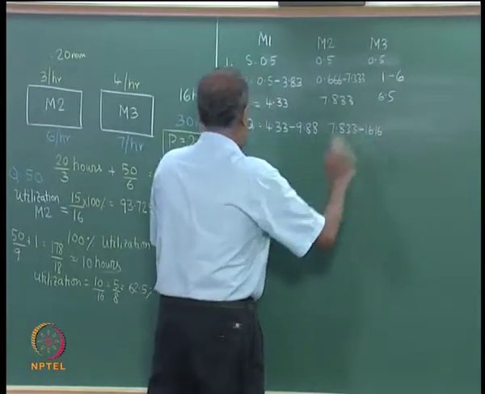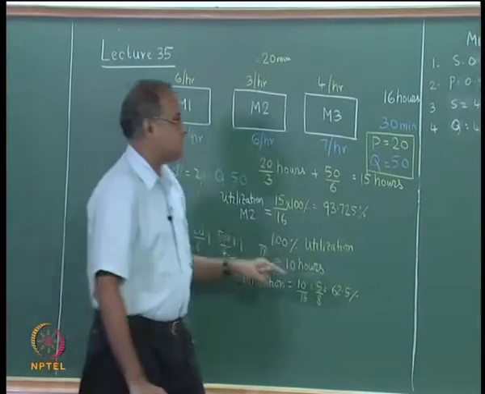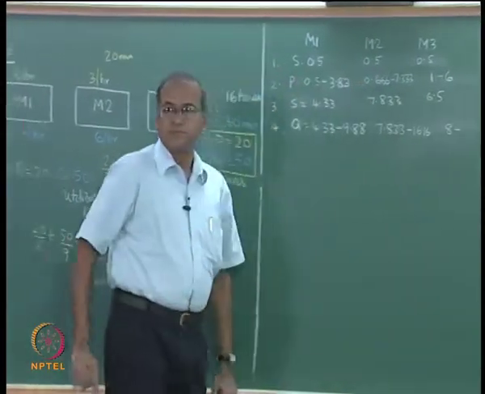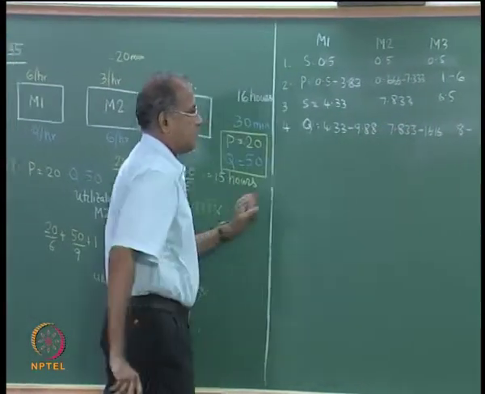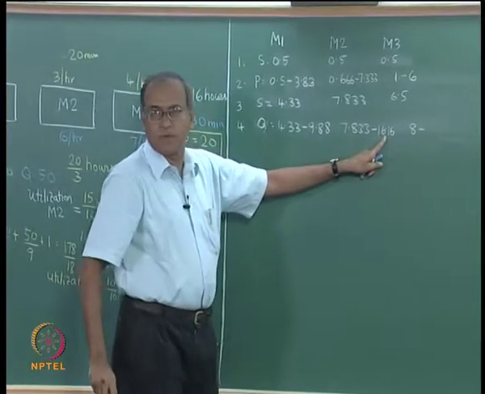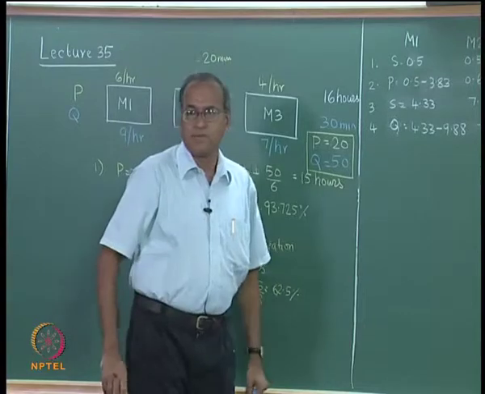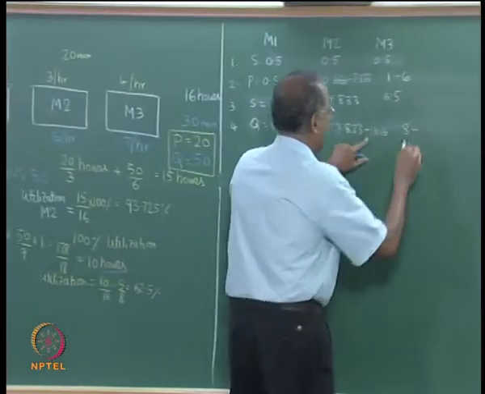Here the first piece will come out at plus 0.166, so this will become 8.2. This is actually a bottleneck. So, the last piece will come out at 16.16, and then it will take another 1 by 7, which is 0.14. So, 16.3 hours.